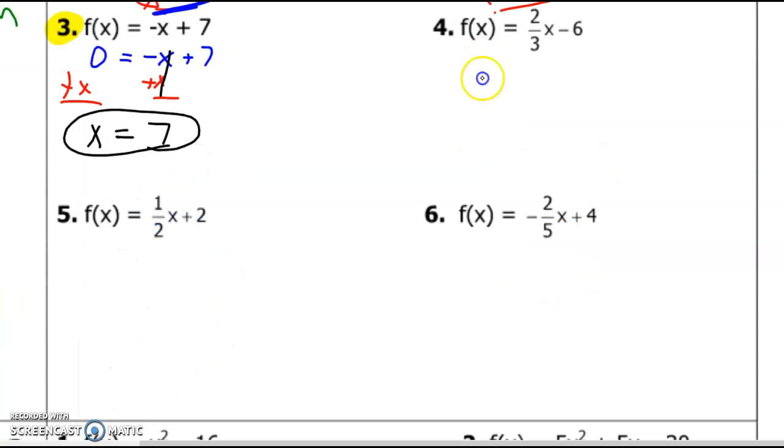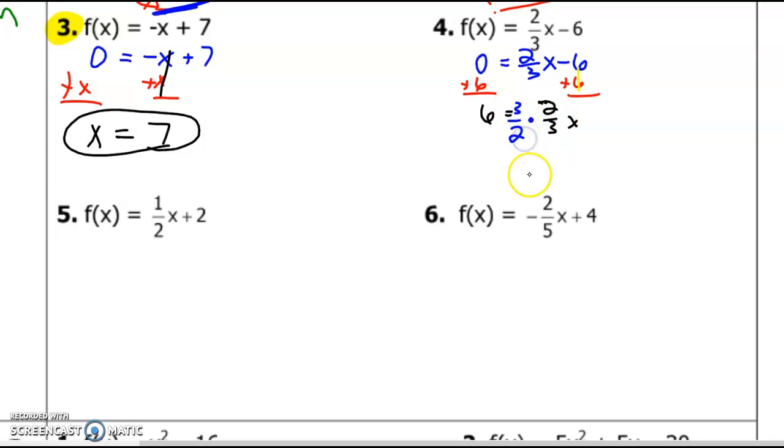Okay, we're still going to start with that same first step where we set it equal to 0. From there, we can move that 6 over, so same second step there. The 6's will cancel, so 0 plus 6 is 6. And then what you can do to undo that fraction, it's called multiplying by the reciprocal.